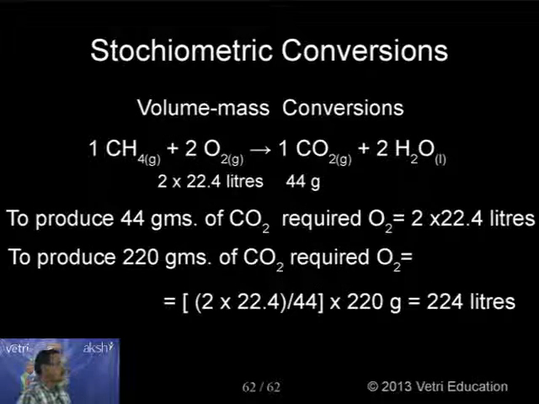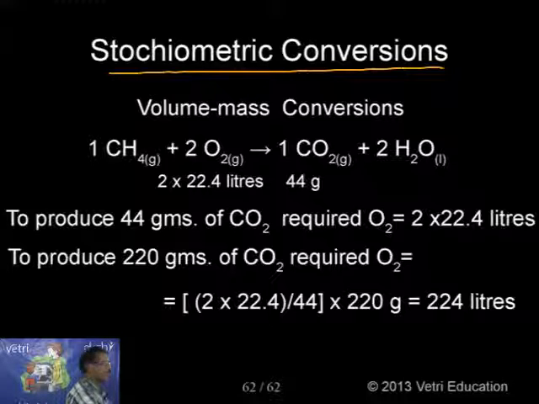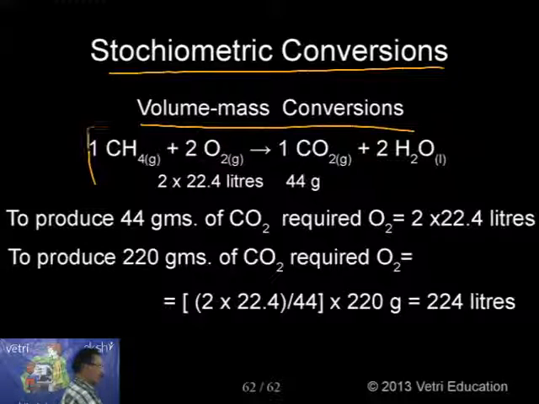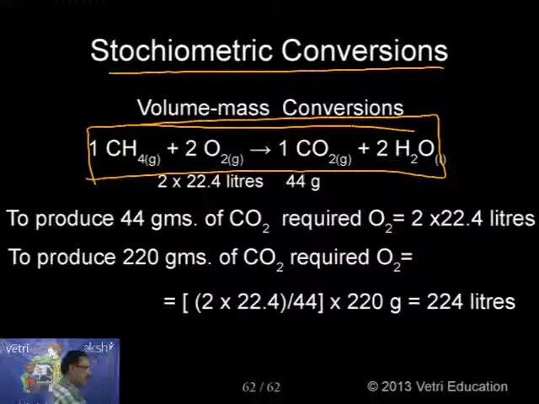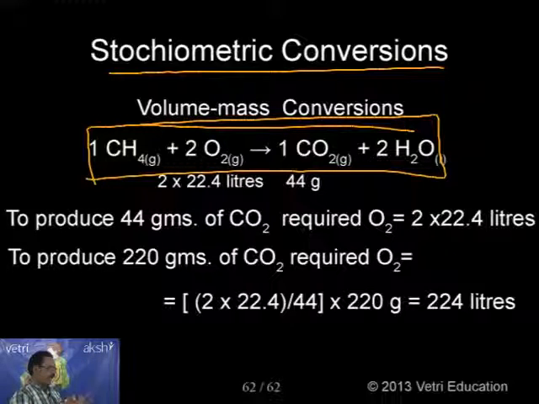In the stoichiometric conversions, as usual, I am now representing the same equation. How many liters of oxygen are required to produce 44 grams of carbon dioxide? Let me use the same stoichiometric equation here.